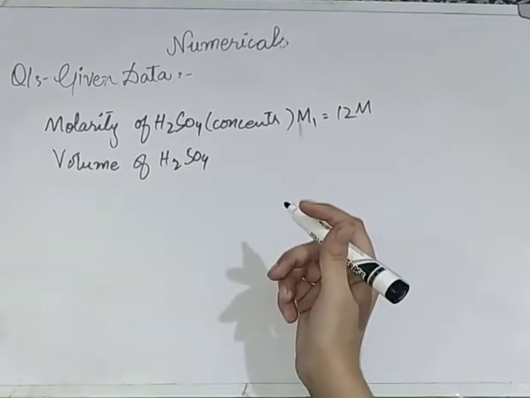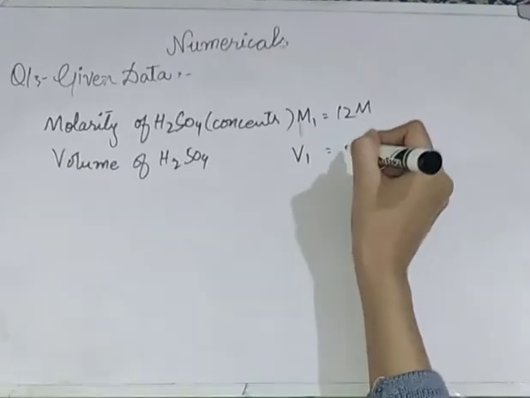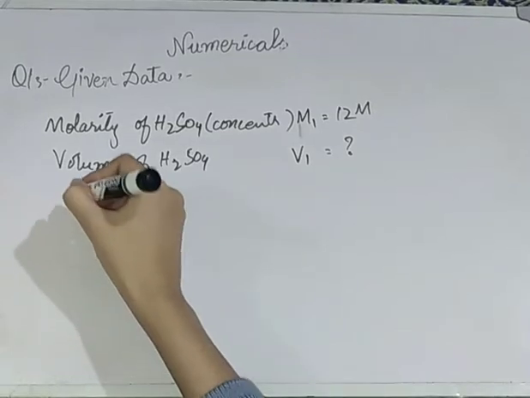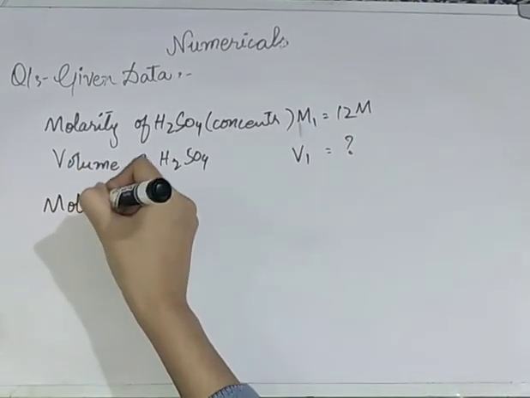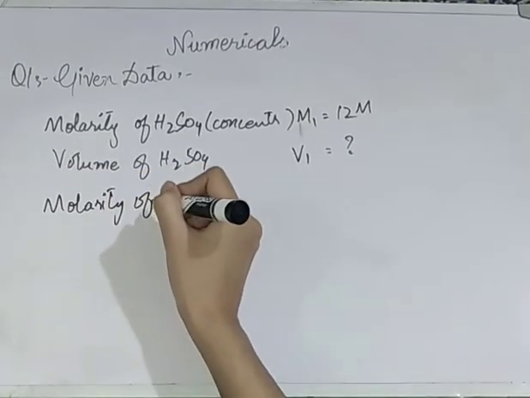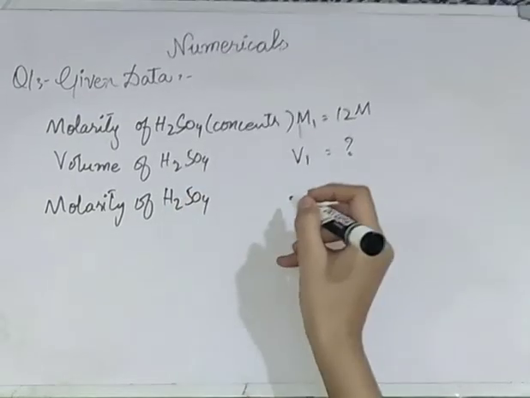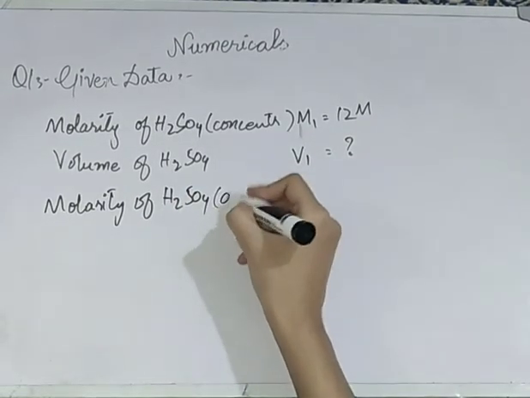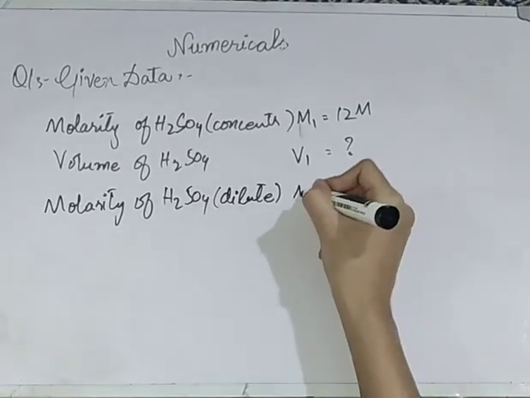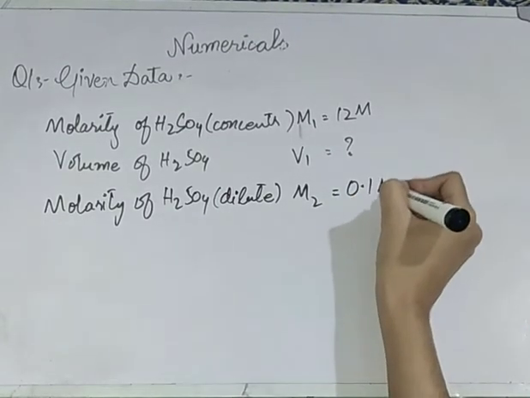It will be V1. The next thing is molarity of H2SO4. This is dilute, that contains a small amount of solute in it. It will be M2, 0.1 molar.